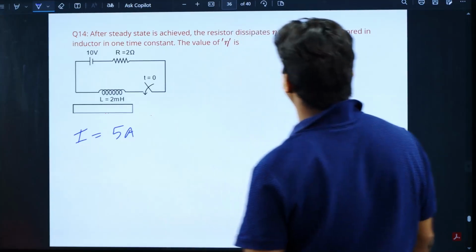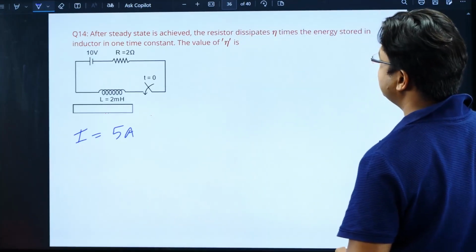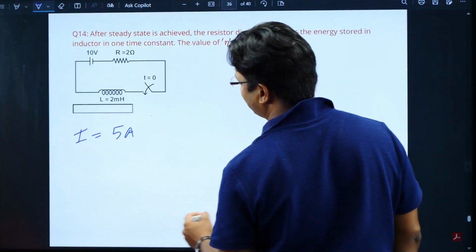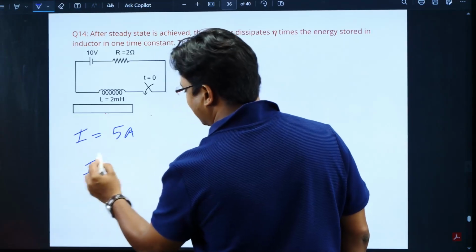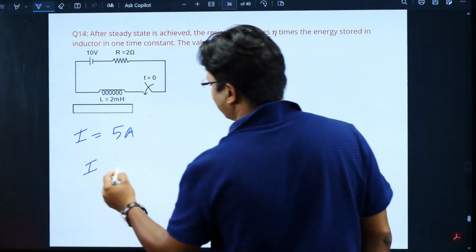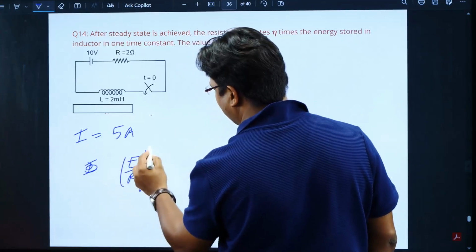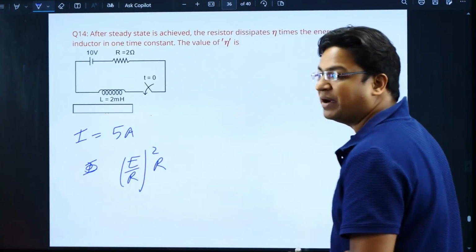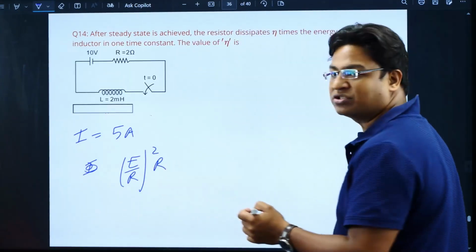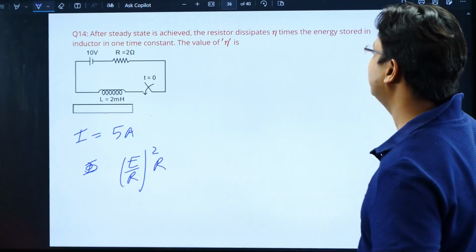And the amount of energy dissipated in the resistor in one time constant. Let me use I only, I'll try to stick to symbols. So E by R is the current, I square R is the power, multiplied by the time constant will give me the energy dissipated in one time constant.